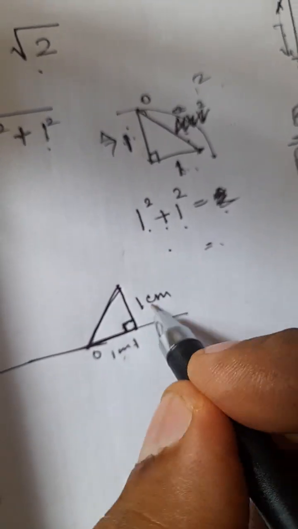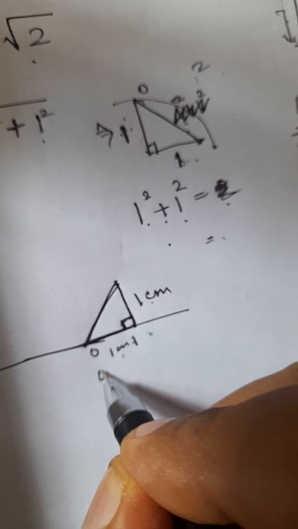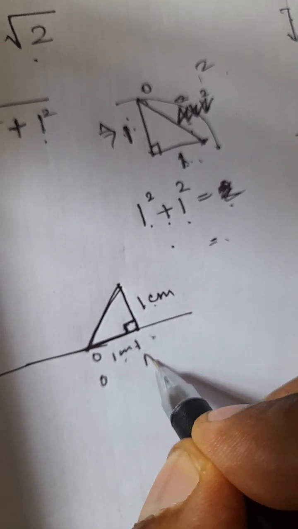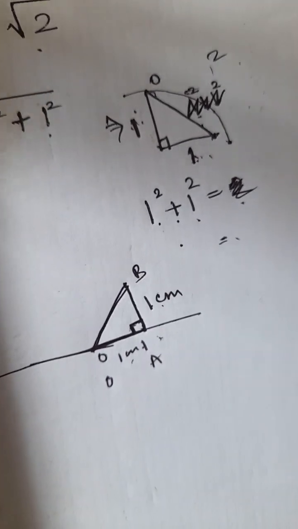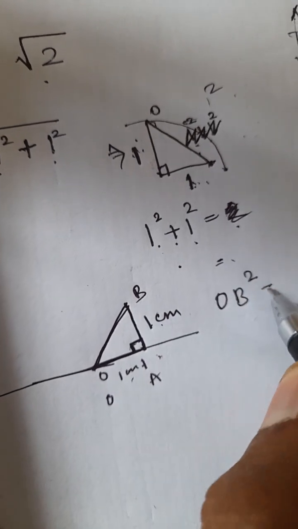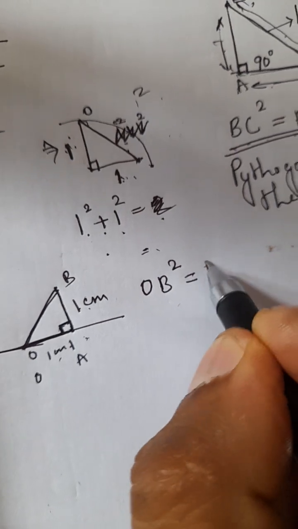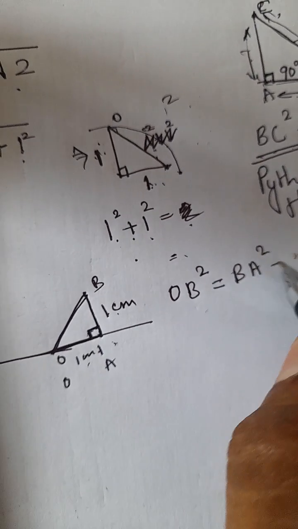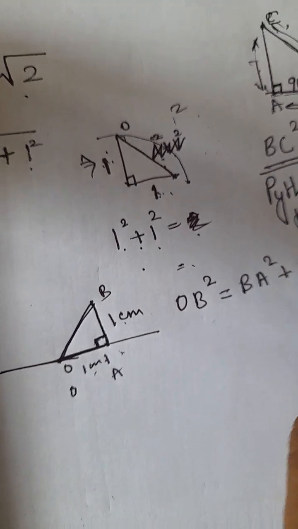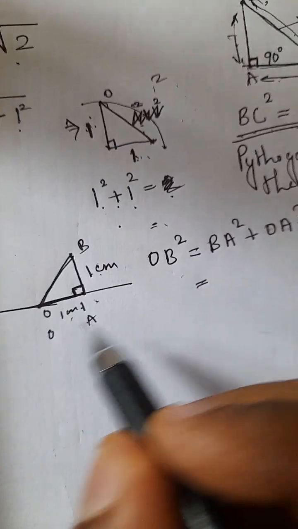As per the Pythagoras theorem, I name the points O, A and B. OB square is equal to BA square plus OA square. What is BA square?